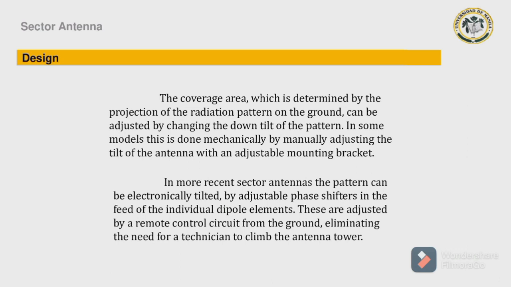In more recent sector antennas, the pattern can be electronically tilted by adjustable phase shifters in the feed of the individual dipole elements. These are adjusted by a remote control circuit from the ground, eliminating the need for a technician to climb the antenna tower.